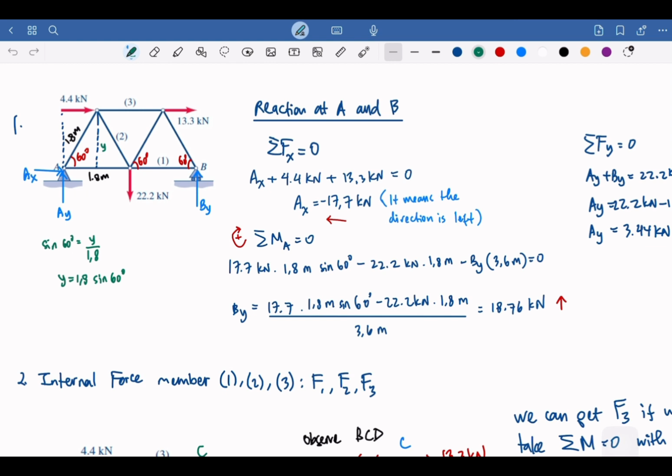But that is not the correct analogy. It's not always like that. So the best way to describe it is, if your result is negative but you assumed it was on the left, that means if it's negative, it means the right. Okay? You get that? So I think that's a better way to assume.